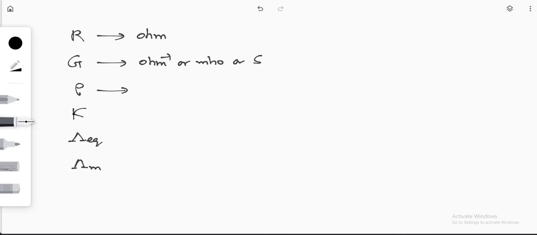Specific resistance, the SI unit is ohm meter. Kappa is conductivity, also known as specific conductance, and the unit is Siemens meter inverse. I'm giving the units in SI.